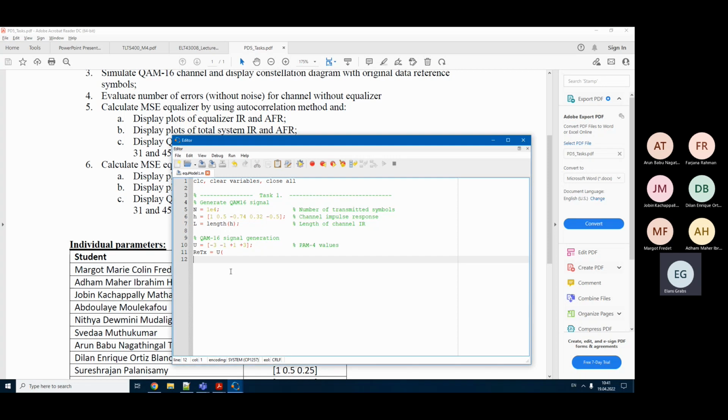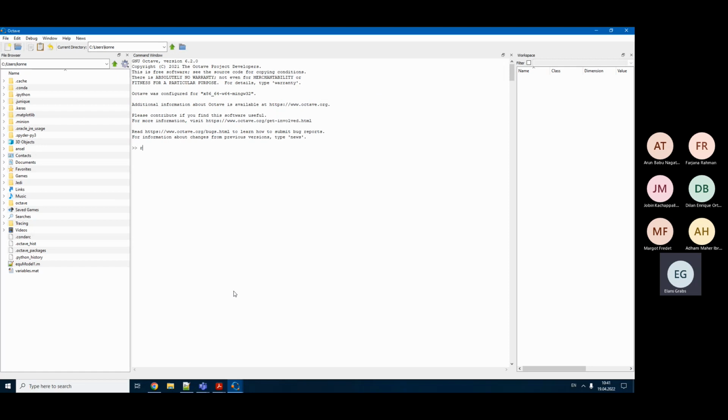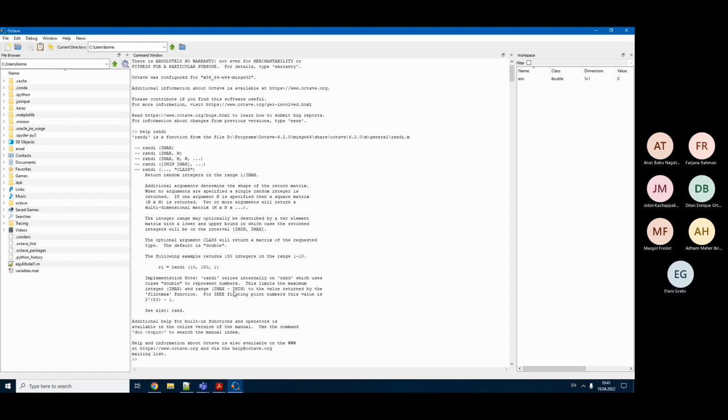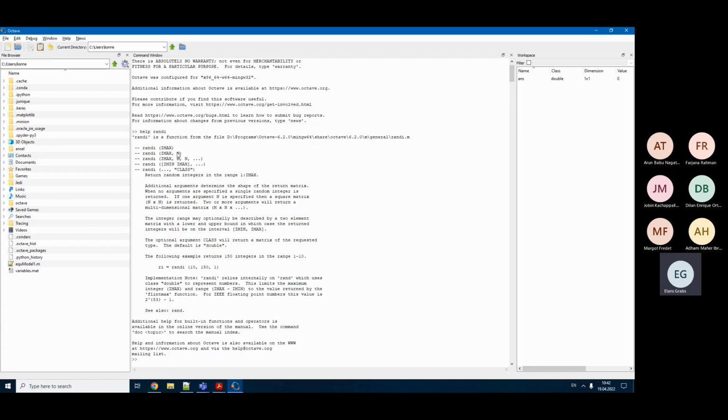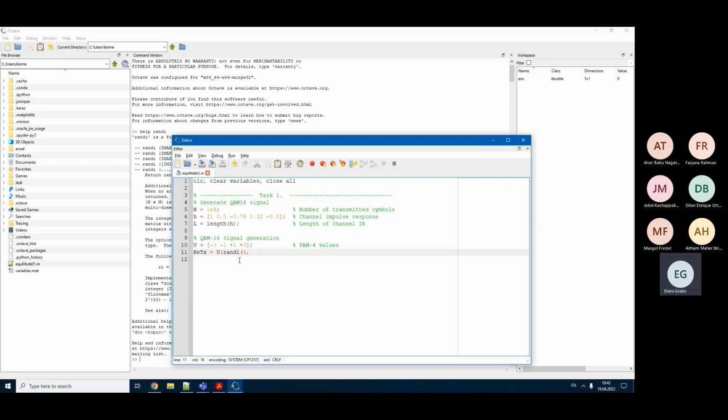For that purpose, we are going to use the randi number generator. We need to specify the maximum value as 4 in this particular case, so randi 4, and then we need to specify the number of elements. That would be n by 1. That is the random number generator. That would be the real part.